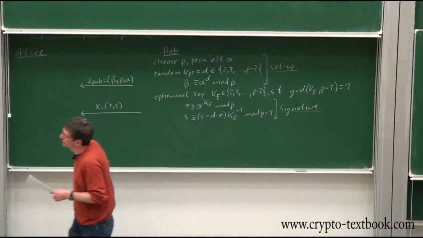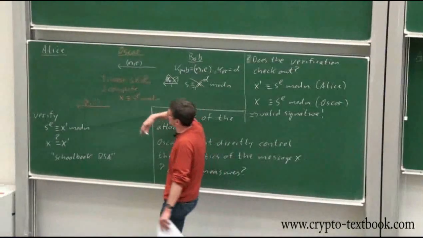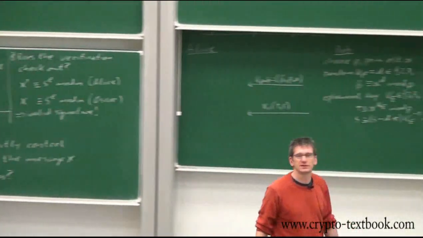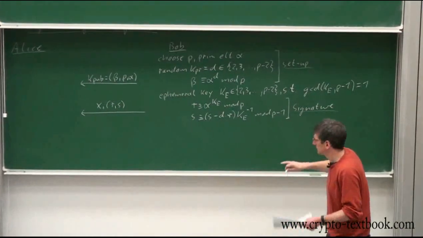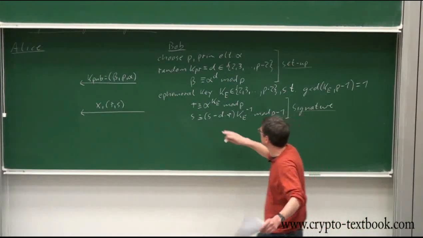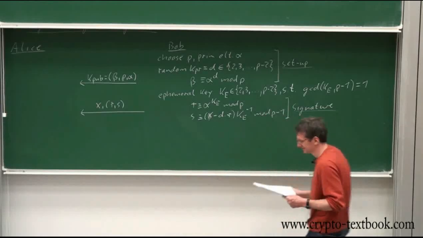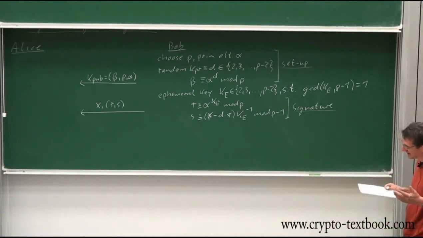What does Alice have to do? We saw that before, Bob signs, Alice verifies. Very good. Excellent. We need the tag, we need the message, right?